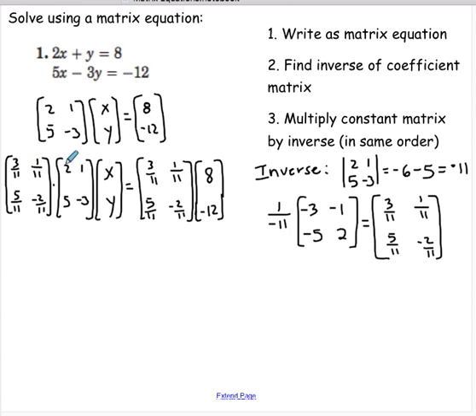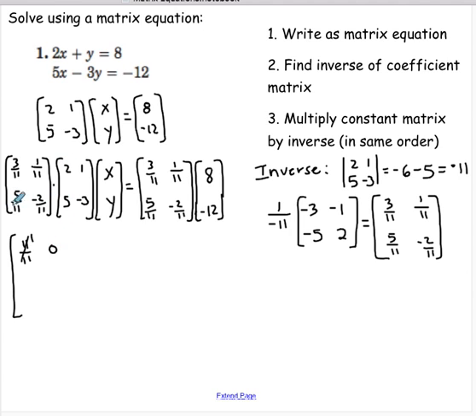So here, if I do this multiplication, that's 6/11 plus 5/11, which is 11/11. So that looks a lot like 1. First row, second column is 3/11 minus 3/11, or 0.